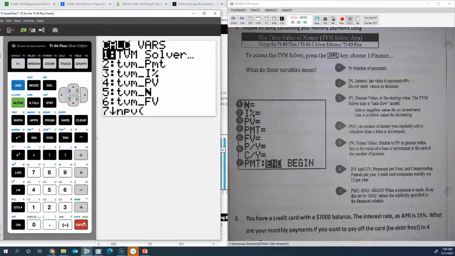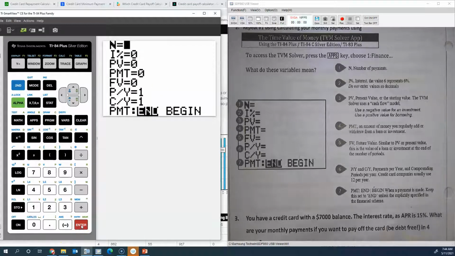You should get a screen that looks like that. Everybody okay? All right, now just click the one that says TVM Solver. And it looks like that.